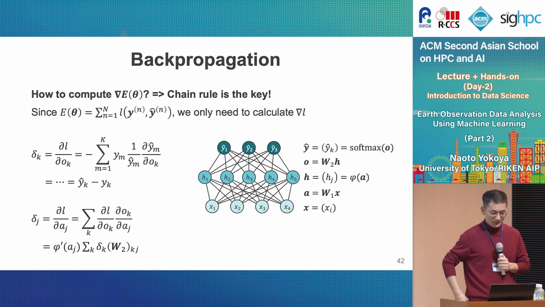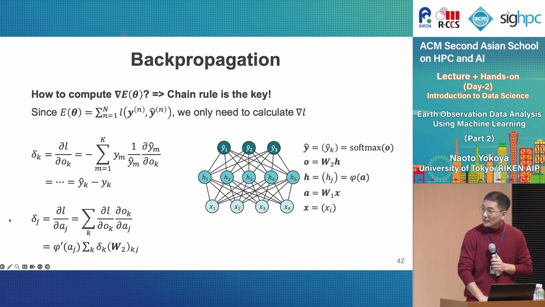Very simple, right? And delta j looks a little bit more complicated, but it can be represented with what we already have. The only missing piece is delta k. But delta k can be calculated by this equation.